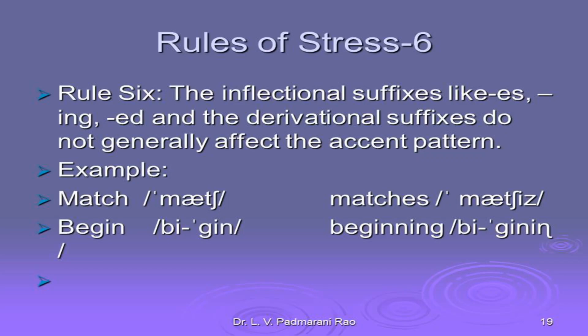Rule number 6 talks about the inflectional suffixes like es, ing and ed and the derivational suffixes that do not generally affect the accentual pattern. Say for example, match. The initial syllable is accented. It is a monosyllabic word. Even if you add the inflectional suffix like es, the stress would not change. Matches. Similarly, begin, beginning.